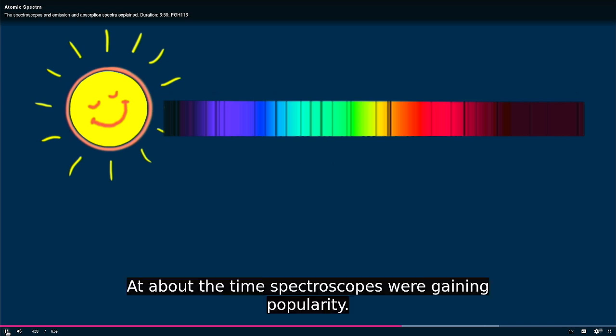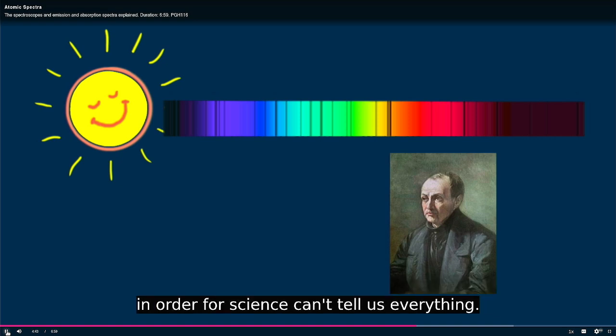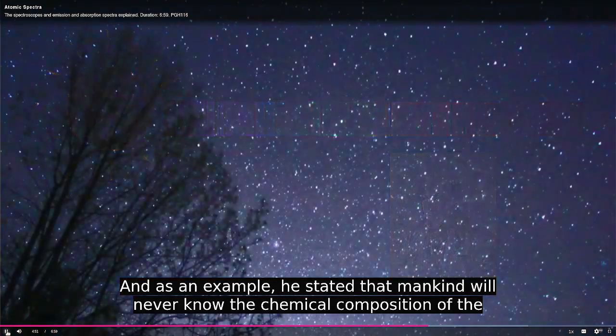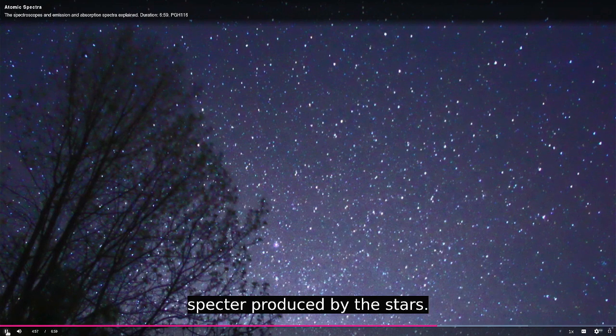At about the time spectroscopes were gaining popularity, the famed philosopher Auguste Comte cautioned on expecting too much of science. Humility was in order. For science can't tell us everything. And as an example, he stated that mankind will never know the chemical composition of the stars. But then absorption lines were found in the spectra produced by the stars.